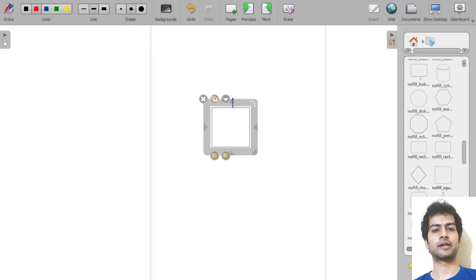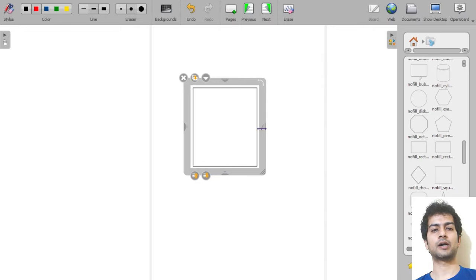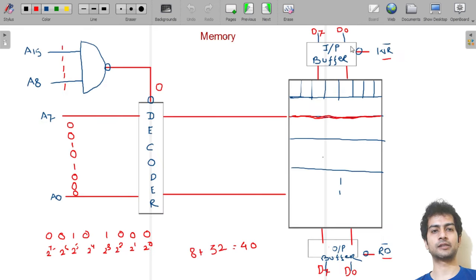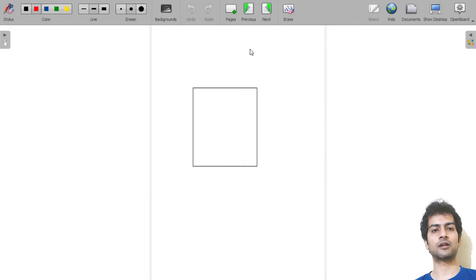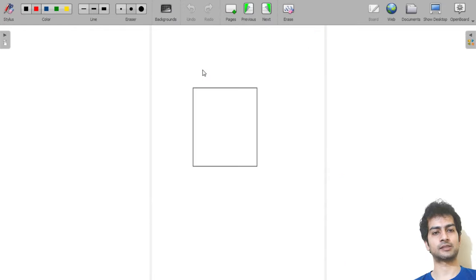See how memory is represented. This is the descriptive part, which I have shown just for demonstrating and teaching you the functions of different modules. But in general, we don't represent memory like this. We represent memory like this.